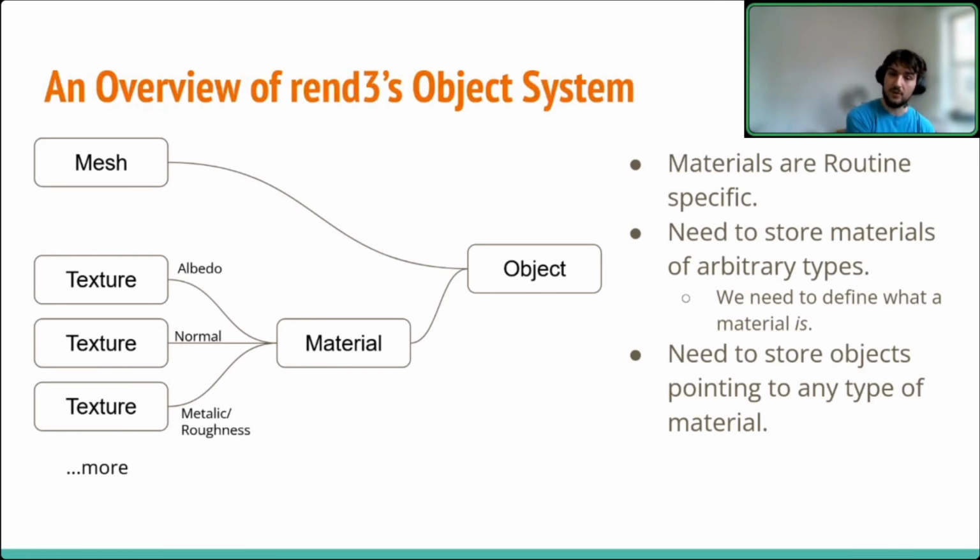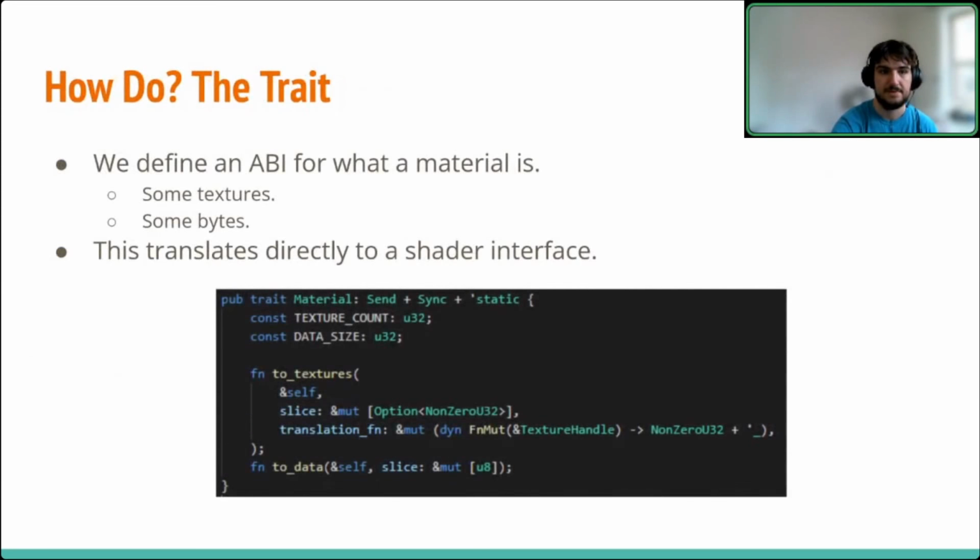And we need to store objects that could be pointing to any different material. And we need to be able to change which material any object is pointing to. And we need to handle that all transparently. And we need to do it efficiently. So how do we do this? We define an ABI for a material.